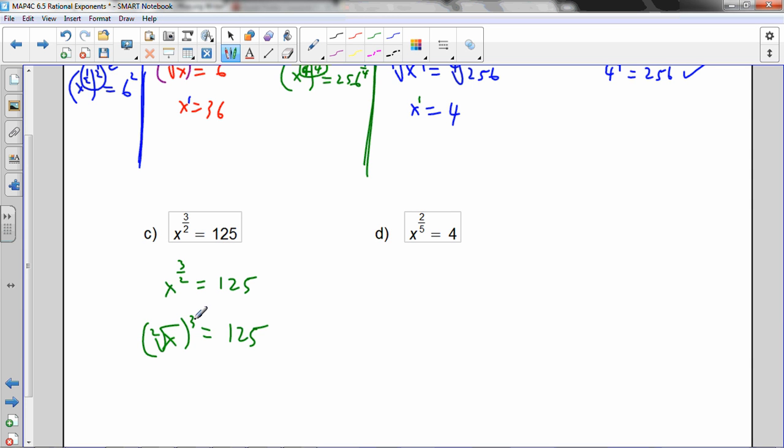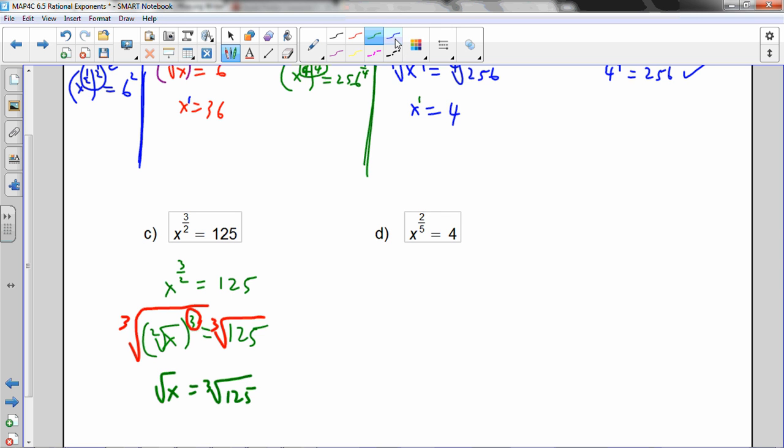I know how to get rid of a cube with a cube root. So the first step is the cube root of both sides. That cancels the 3, and then I'm left with the square root of x equals the cube root of 125.